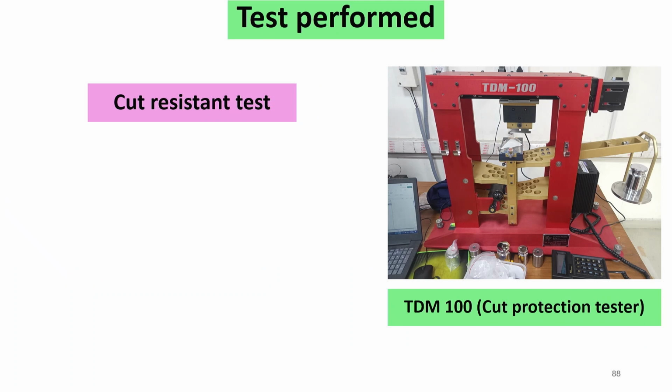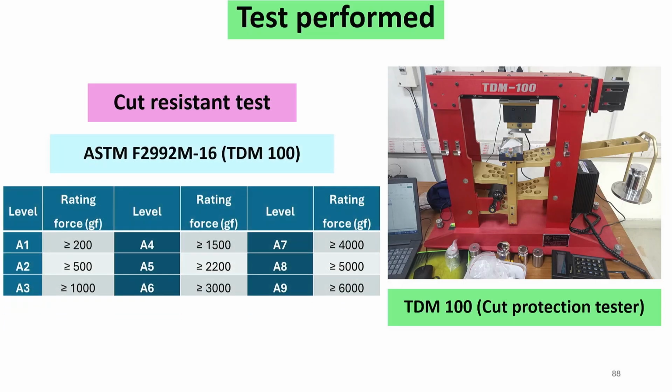Then we performed the cut resistance testing of all these fabrics using TDM 100 for ASTM levels. Different ASTM levels were there from A1 to A9. We discussed this earlier in cut resistance; if you want to know the details of the cut resistance test, please refer to that module.